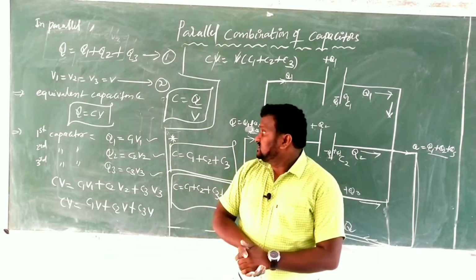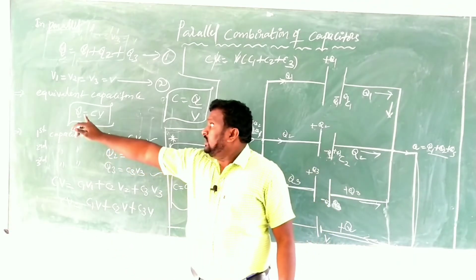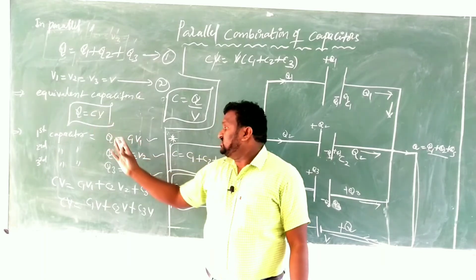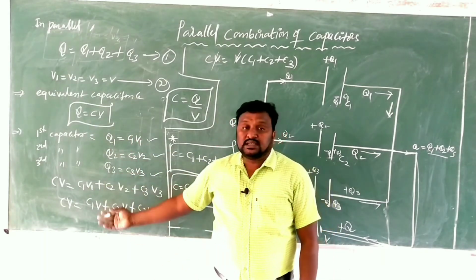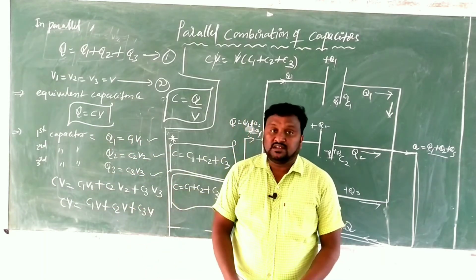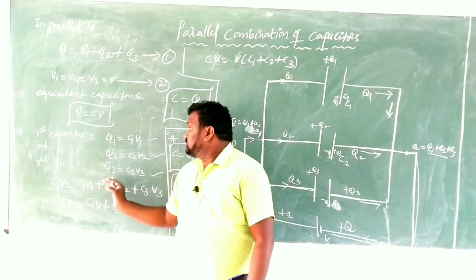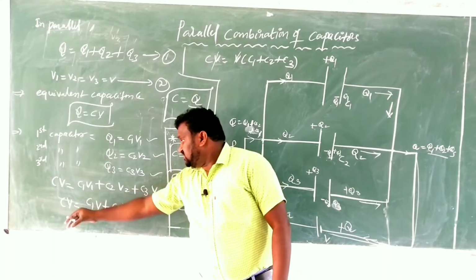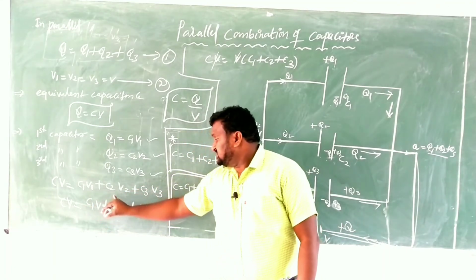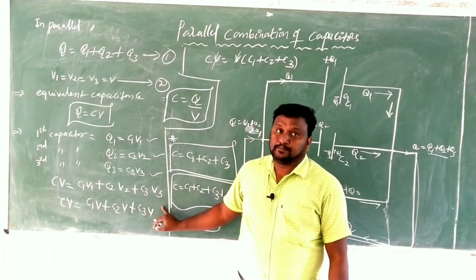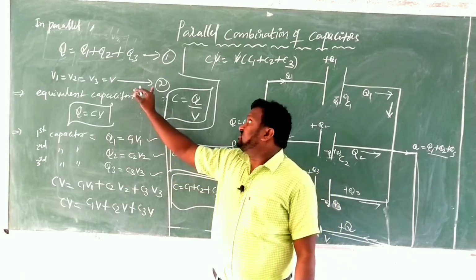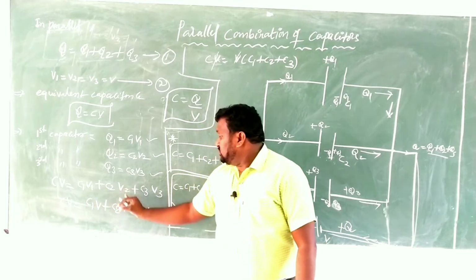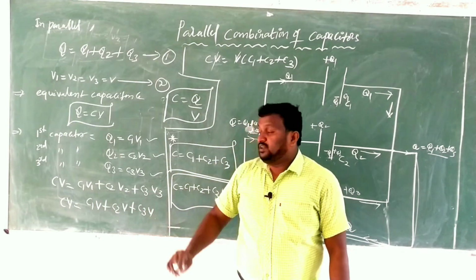Then we can write Q1 is equals to C1 V1 and Q2 is equals to C2 V2 and for the third capacitor Q3 is equals to C3 V3. After that we substitute all these values in equation number 1. Then what do we get? CV is equals to C1 V1 plus C2 V2 plus C3 V3. And from equation number 2, V1 is equals to V and V2 is equals to V and V3 is equals to V.